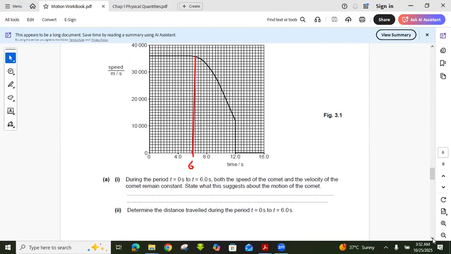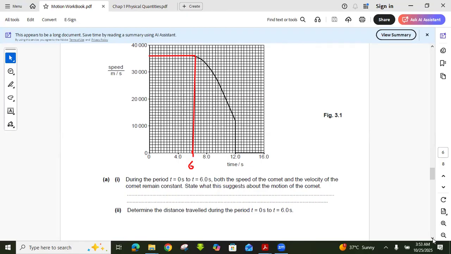I think it's decreasing speed because it's going down. This is the point; state what this suggests about the motion of the comet. During this point, we have a constant speed. Constant speed, right? So if the speed is constant, what happened to the acceleration of the comet?